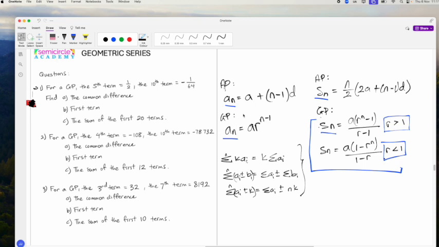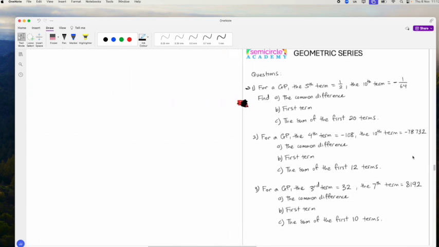And we have a little bit of a cheat sheet here that shows the nth term for our AP and a GP, as well as the sum for our AP and the two different sums for a GP given what r is. It does depend on r, yeah? So we have that to help us out there.